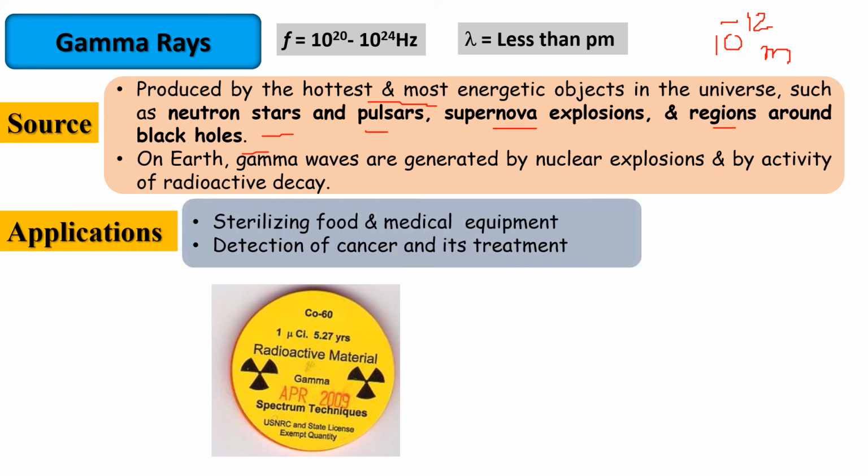Now applications: though these are very harmful, hazardous, we can still make use of them if used in an appropriate way. So we can use them for sterilizing food and medical equipment, and also in detection of cancer and its treatment, because these are ionizing radiation. So once we know there is cancer, we can kill the cancer cells using gamma radiation.